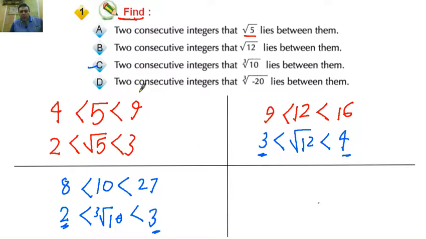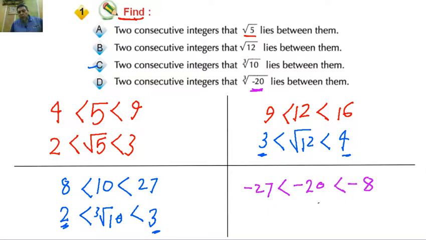Another question: two consecutive integers between which the cube root of negative 20 lies. We choose perfect cubes less than and greater than negative 20. The perfect cube less than negative 20 is negative 27, and the number greater than negative 20 is negative 8.